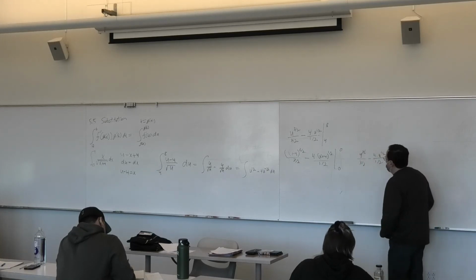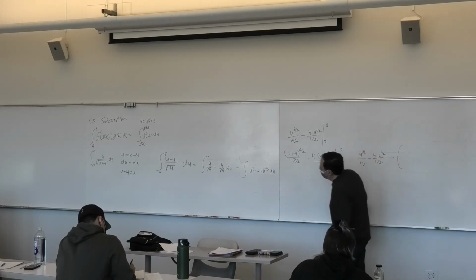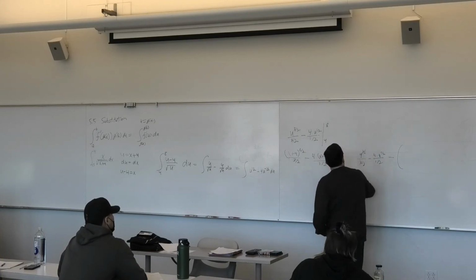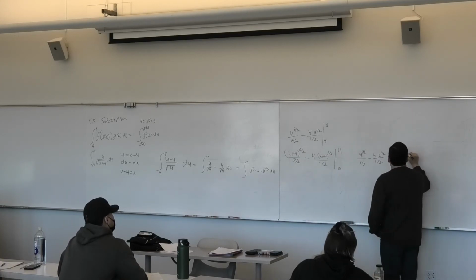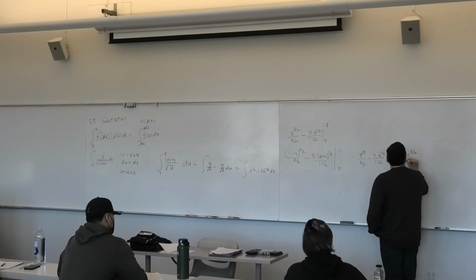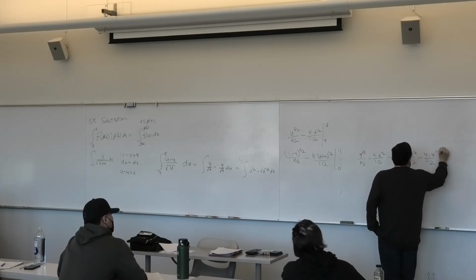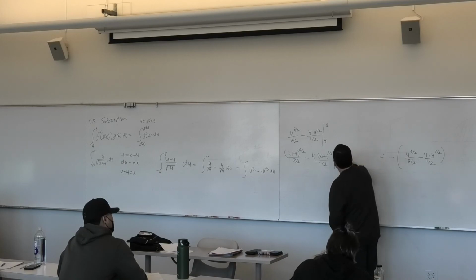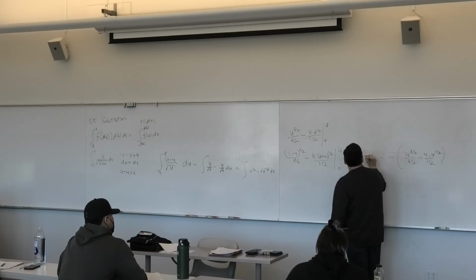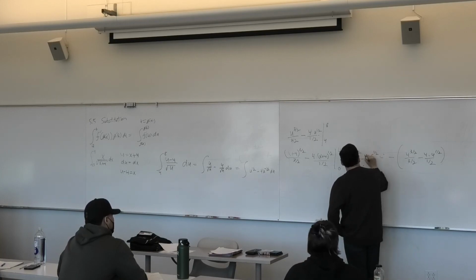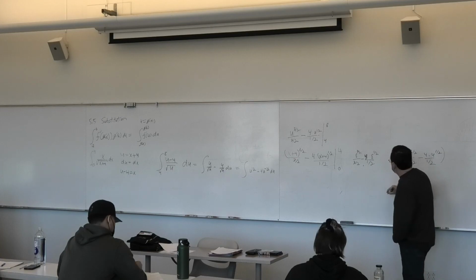Minus, wait a minute, what did I just say? 0? This is what I'm subtracting: 4 to the 3/2 over 3/2 minus 4 times 4 to the 1/2 over 1/2. And over here, again, it's going to be the same ugly fractions. Well, we have an algebra problem here. I'm not going to worry about that.